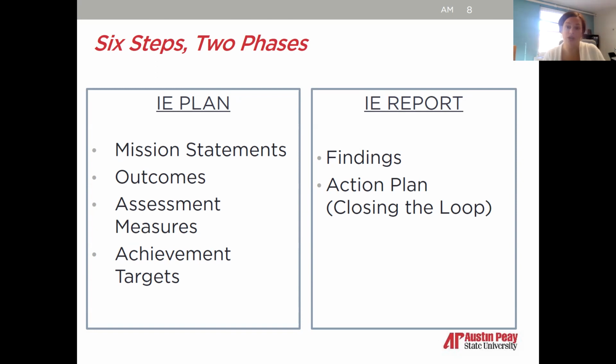That's the portion we call the plan. Then there's the report, which is what you submit after you've collected the data, analyzed it, and identified the actions. The IE report includes the plan, but also includes these two elements: the findings and the action plan.